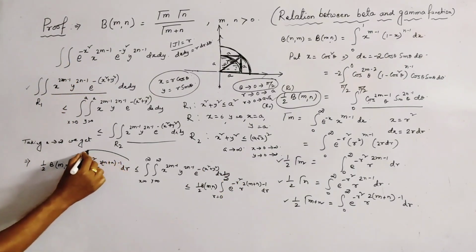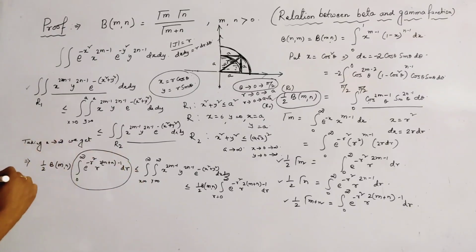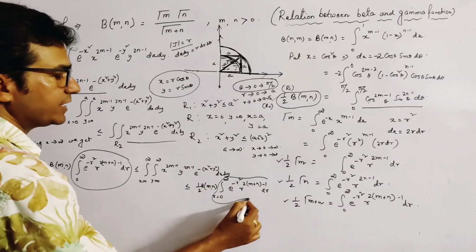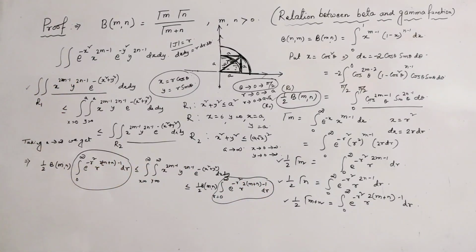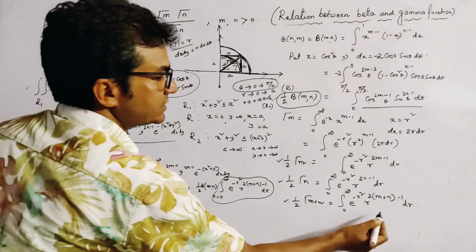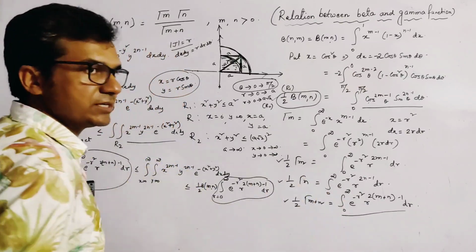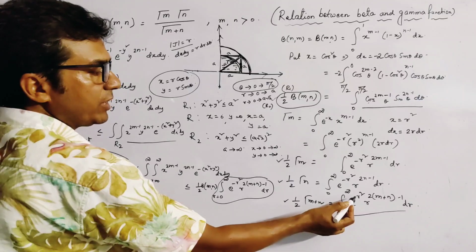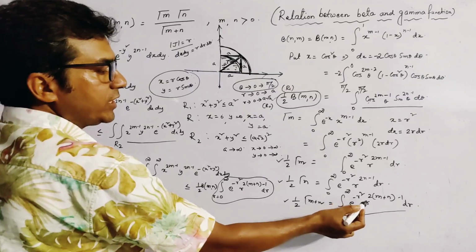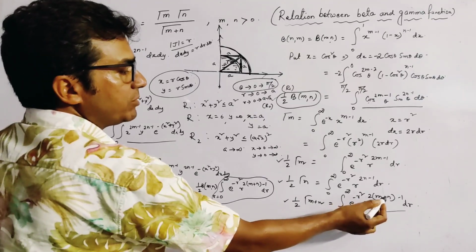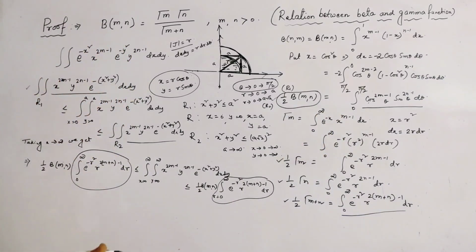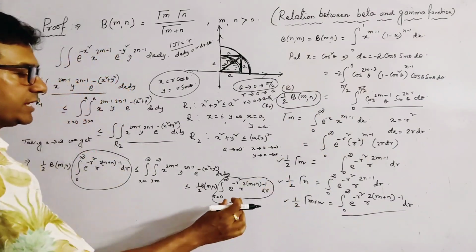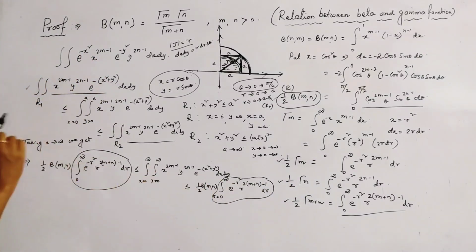And when we take this type of integration on the left and this type of integration on the right, these are the same integration, and this is the same as this integration. Already we did here integration 0 to infinity e to the power minus r square r to the power 2 into m plus n minus 1 dr. So we put the value of half gamma m plus n on the right and on the left.